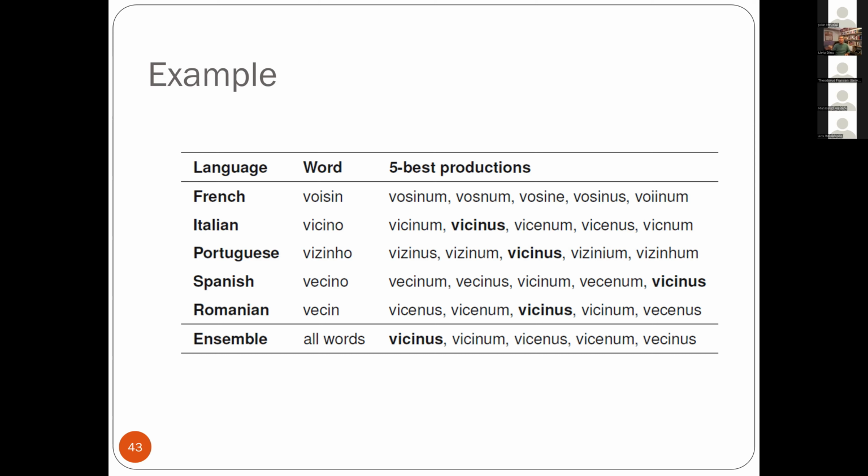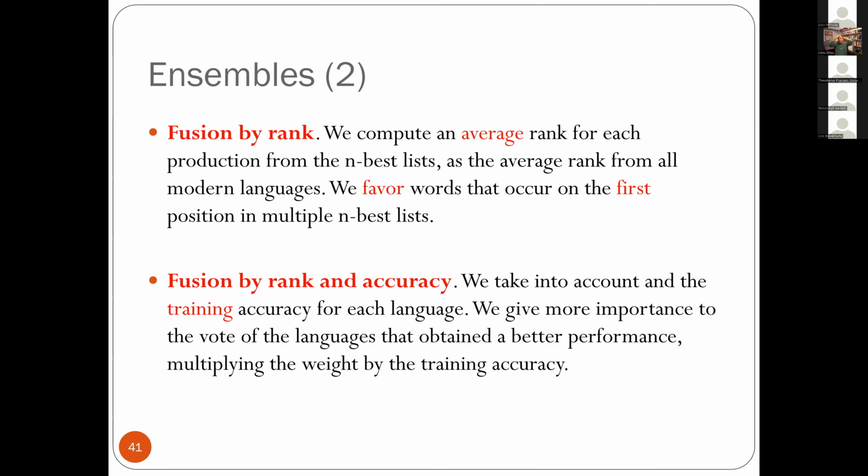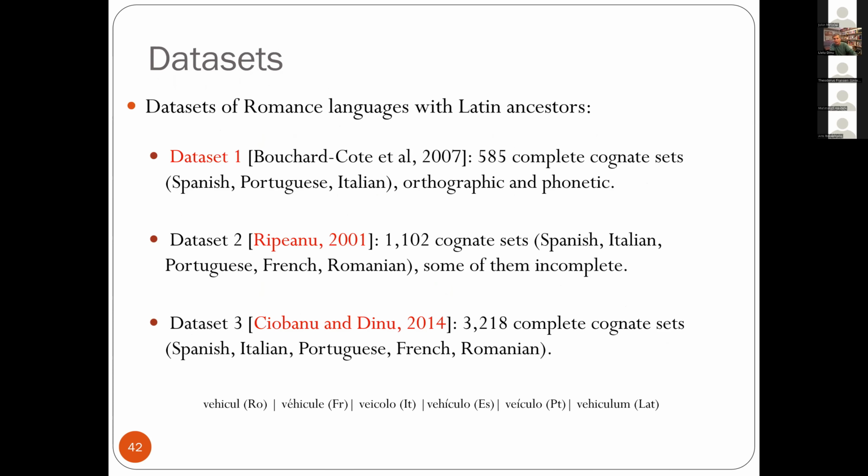For each position of a word in a language, we multiply with the accuracy of that language. So this was the best result which we obtained, when taking into account the rank and the accuracy.